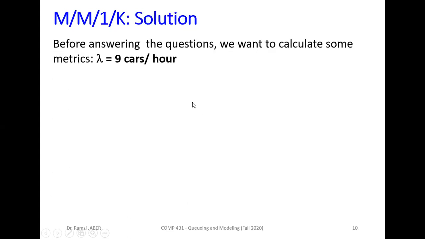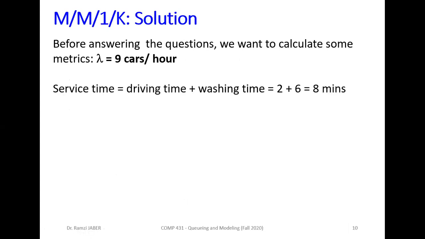First, before answering the questions, we always want to calculate some metrics: lambda equals 9 cars per hour. Service time equals driving time plus washing time. Driving time equals 2 minutes and washing time equals 6 minutes, so it will be 8 minutes. Now we can calculate mu. Mu equals 1 over 8 cars per minute, equals 60 over 8 cars per hour, so 7.5 cars per hour.